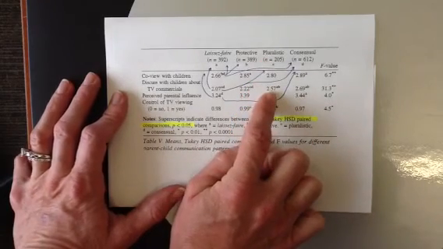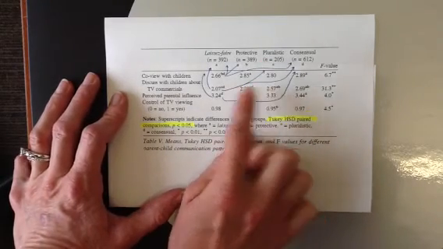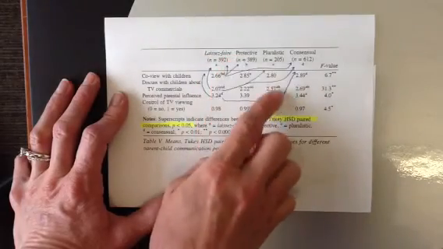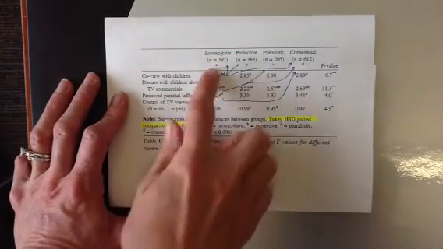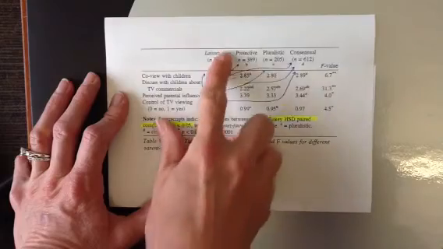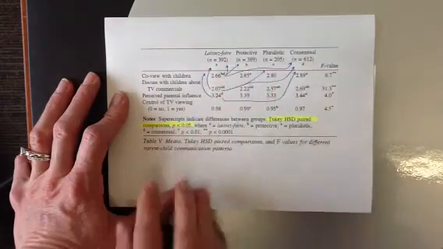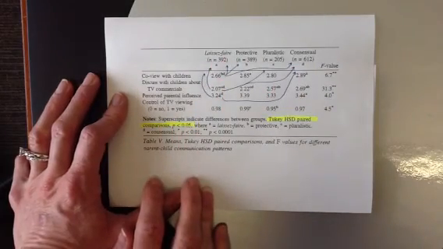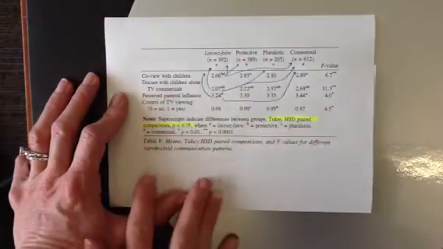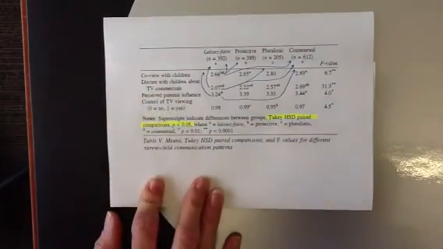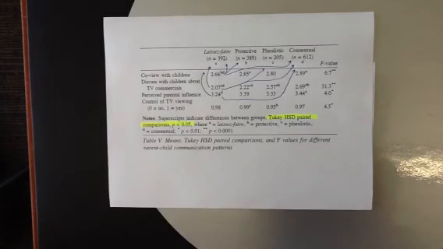Pluralistic parents were statistically significantly different from not only laissez-faire parents, but also protective parents. So you have to go through the chart and see which arrangements are statistically significant to one another. And I'm not going to go through the rest of this chart, but I did want to give you a sense of how to read a Tukey's HSD paired comparisons chart.